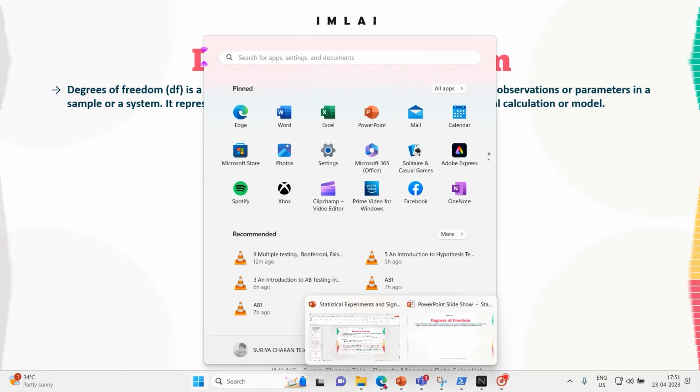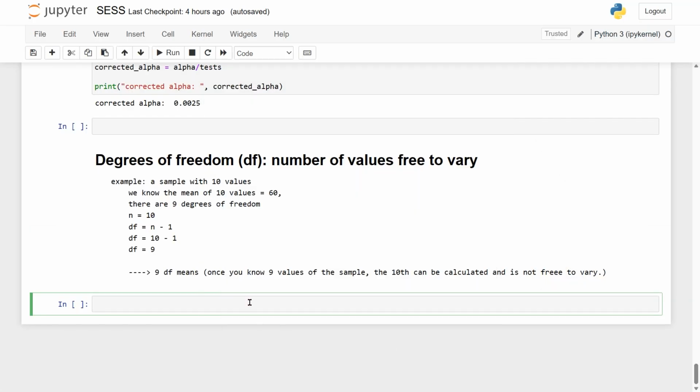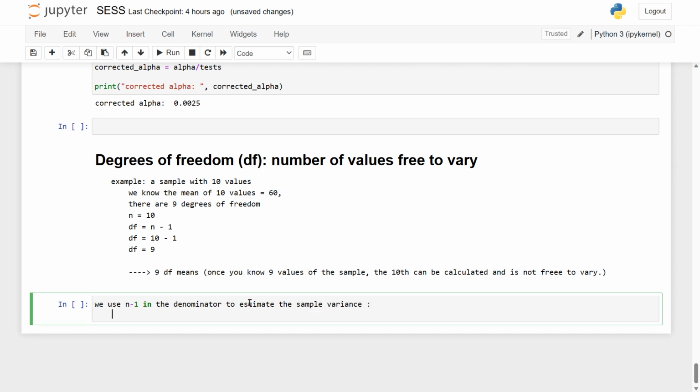Let me write it down. So normally we use n minus 1 in the denominator to estimate the sample variance, because if you use n, it will make a bias.